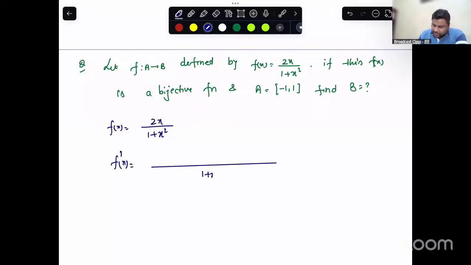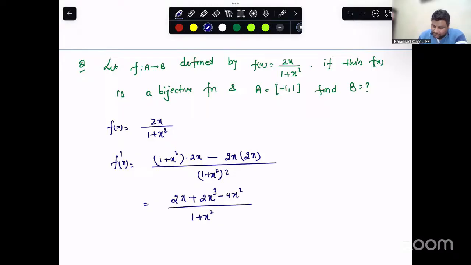So if I do differentiation here, that is square of the denominator, derivative of numerator is 2, minus numerator times derivative of denominator, which is 2x. So it is 2 times 1 plus x square minus 2x square.